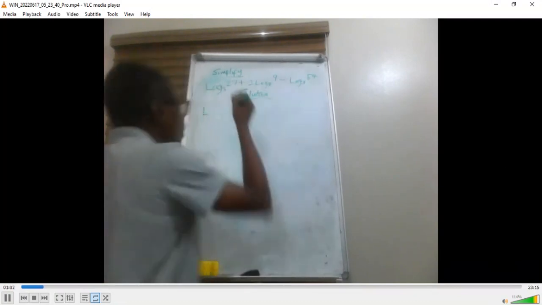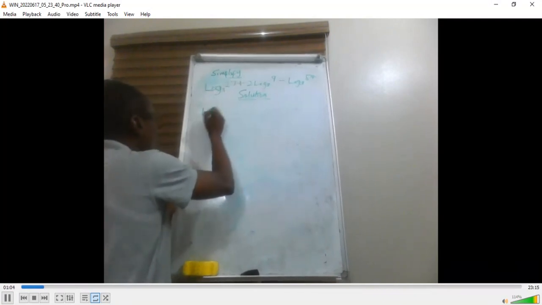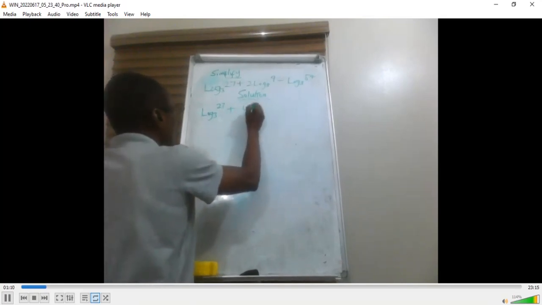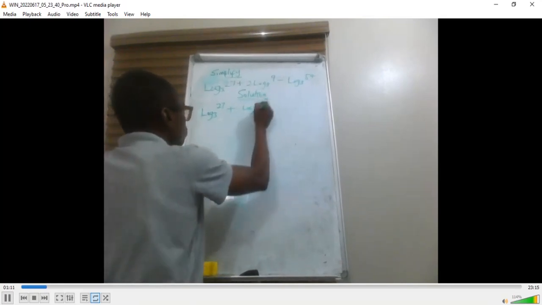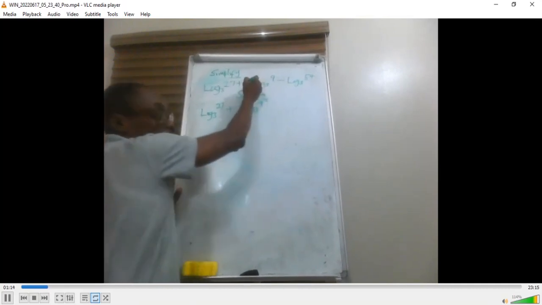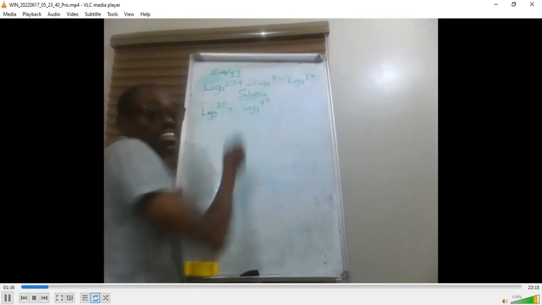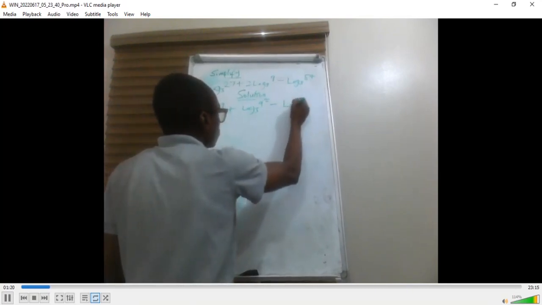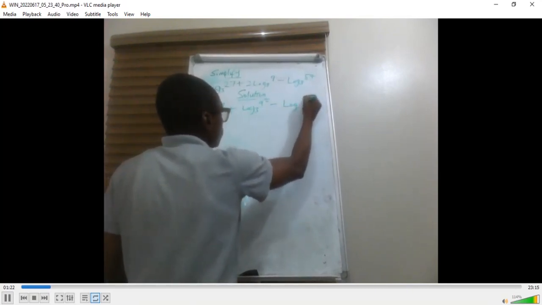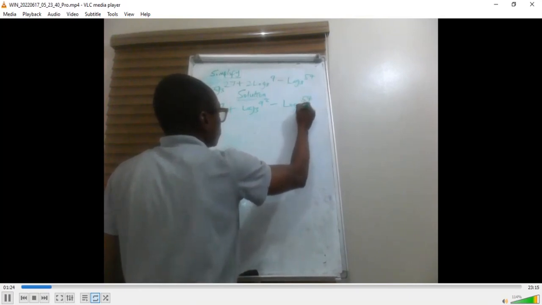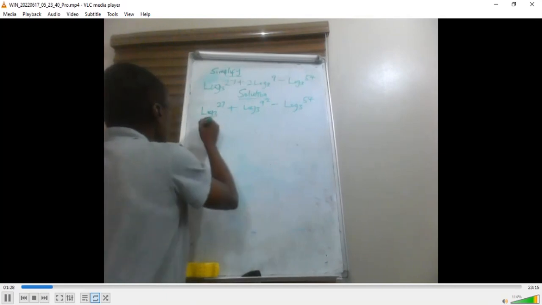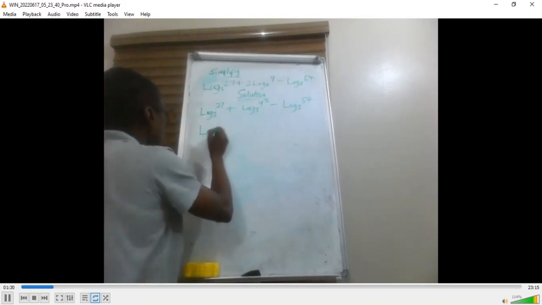So first and foremost, we are going to write this as log 27 base 3 plus log 9 raised to power 2 base 3. We know that this 2 is the index that this 9 is carrying. So minus log 54 base 3.